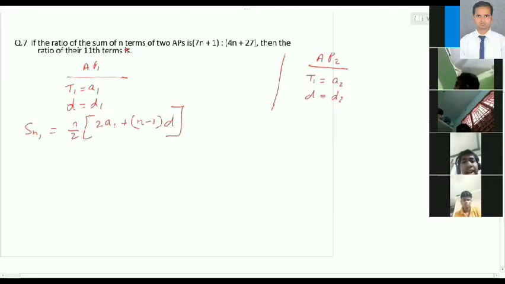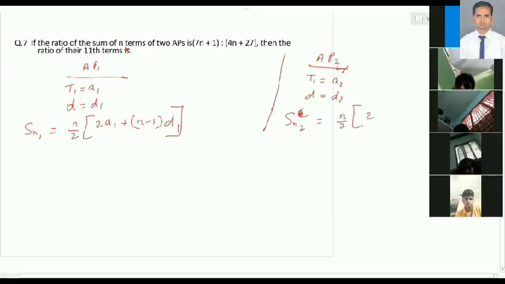And SN2 will be n by 2 bracket 2A2 plus n minus 1 into D2.